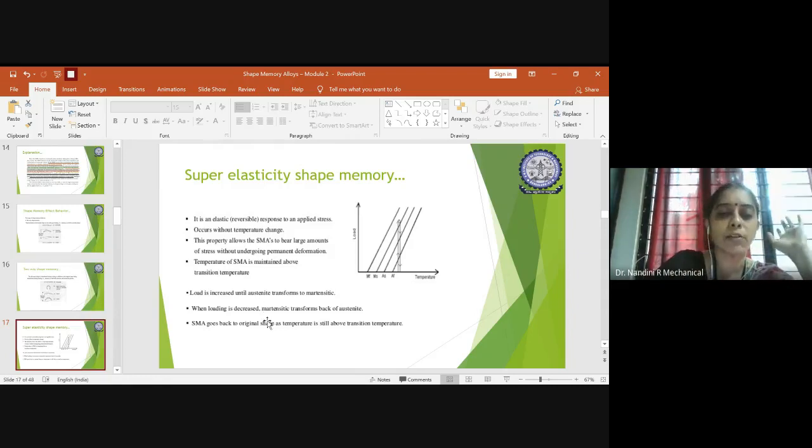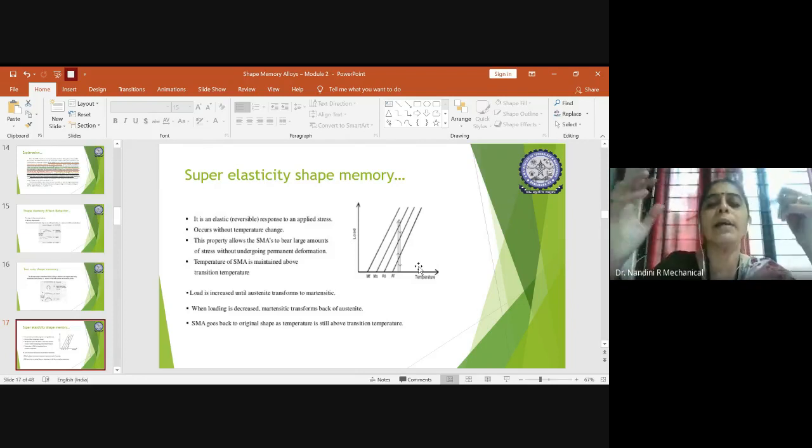So what are the characteristics of it? It is totally an elastic material, with a totally reversible response to any applied stress. It means the material doesn't have any constraint for load bearing capacity or temperature withstanding capacity.